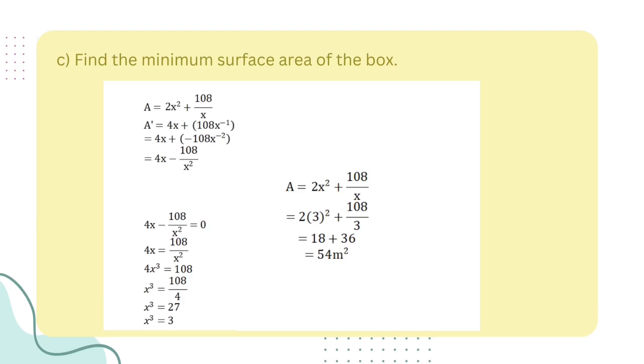This is not the final answer yet. S must be substituted into the area that has been given in question B. So, area equal to 2S squared plus 108 over S. Sub S into the area. So, it becomes 2 times 3 squared plus 108 over 3. 18 plus 36, and we got the final answer 54 meter square.